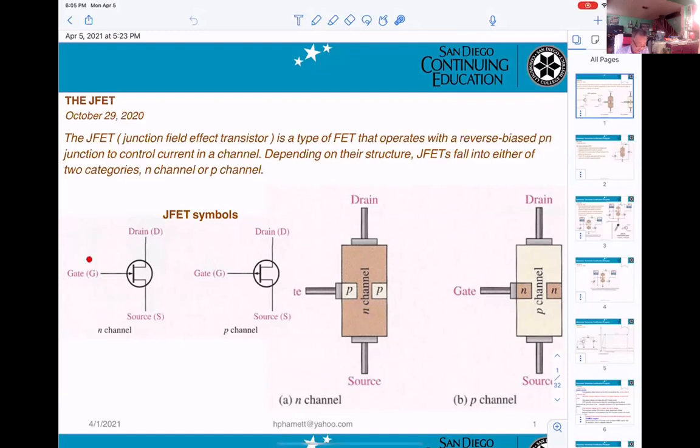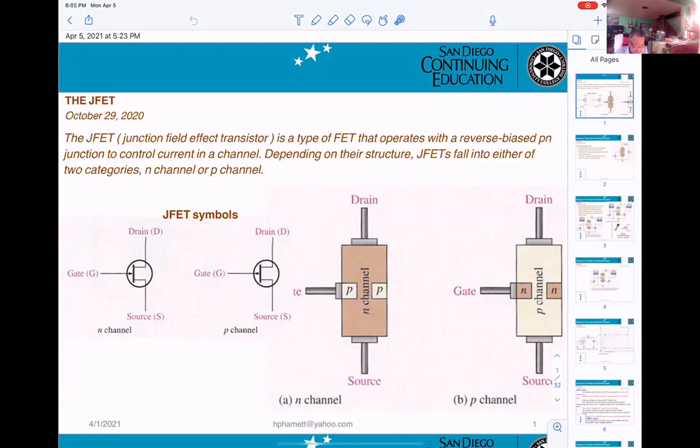This is the symbol for the N channel. You get the drain, the gate, and the source, like the same thing as bipolar, right? You get the base, collector, emitter. In JFET, they get the gate, drain, and the source. This is the N channel, and this is the P channel.